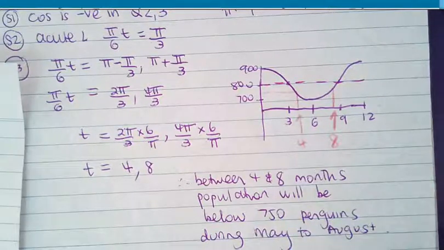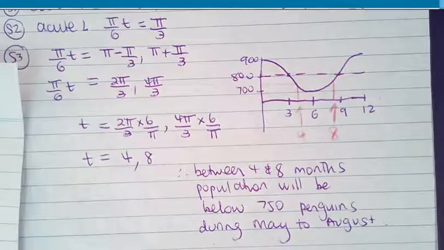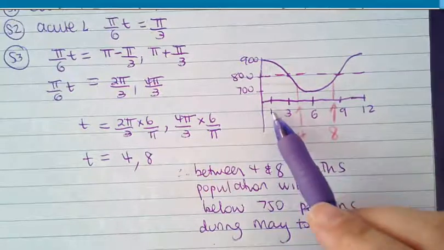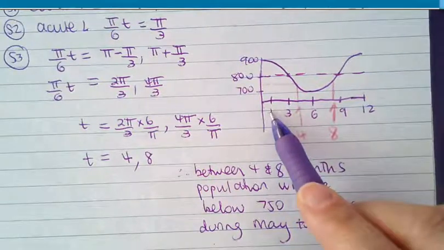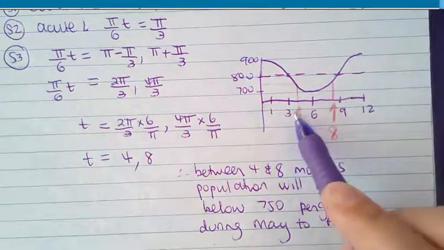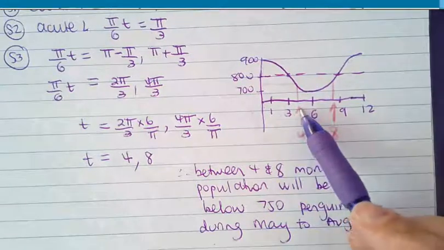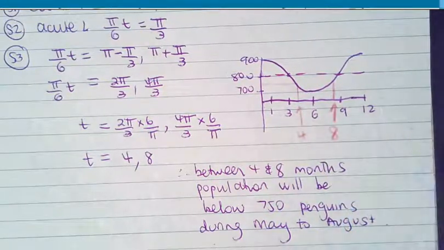During May all the way through to August, the population of penguins will be below 750, because it's at the end of the 4th month up to the end of the 8th month, I think. Yeah. Look at this. If I put the scale, 0 is the beginning of January, 1 is the end of January, 2 is the end of February, 3 is the end of March, 4 is the end of April, 8 will be the end of the 8th month, which is August. All right?